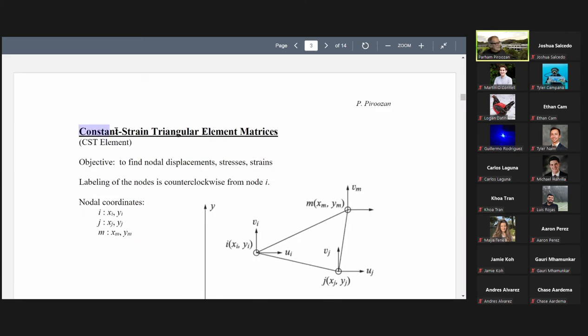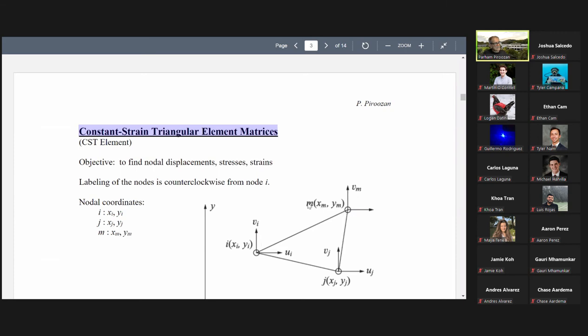Now, the constant strain triangular element. This is the subject of our discussion today. This is a continuum element. A little bit of patience, we go through this, then we look at one example problem and we are done with our lecture today. This is a triangular element. It has 3 nodes. Node I with coordinates x_i, y_i. Node J, coordinates x_j, y_j.